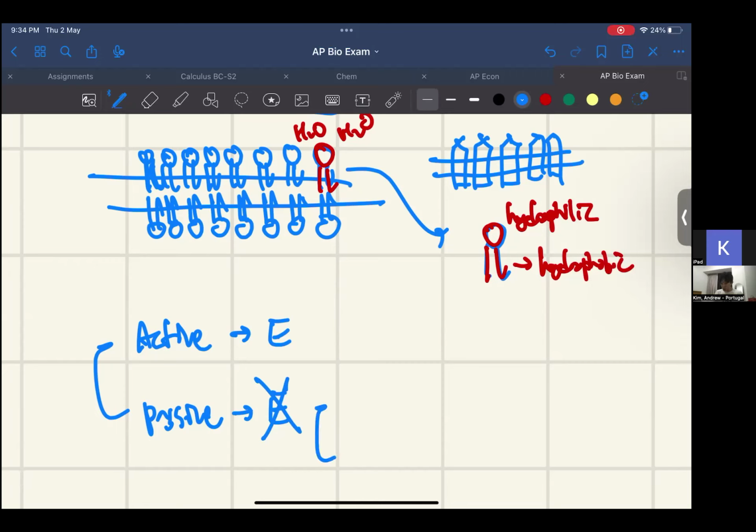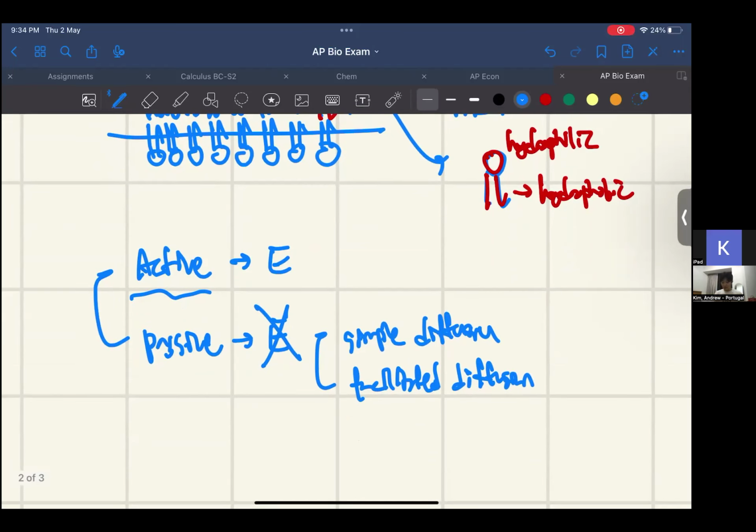Passive transport has two different types: simple diffusion and facilitated diffusion, but both of them do not use energy. Okay, by definition, remember this: passive transportation, just like passive aggressive people, does not use energy. If even a little bit of energy is involved, that should be considered active transportation.